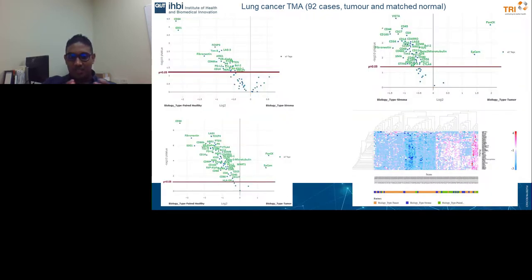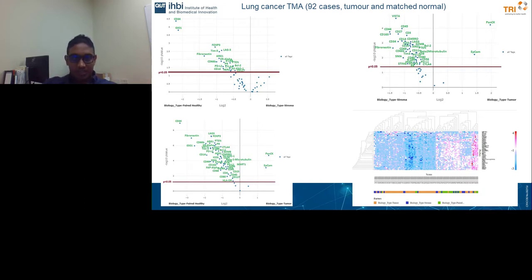And just a quick snapshot of what we're able to do when we compare the stroma versus the healthy cell. Each core had a matched normal tissue as well. And we're able to see the number of markers that are highly expressed, which are significantly found to be present between the healthy and tumor versus the stroma and tumor as well.